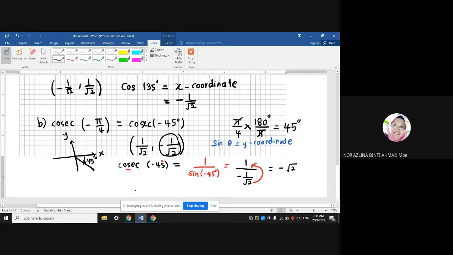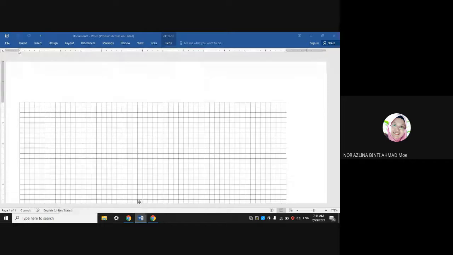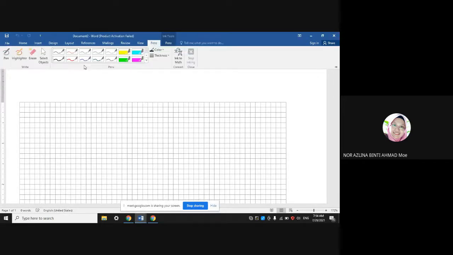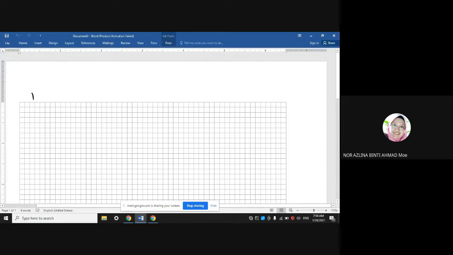Method 3. Use the corresponding trigonometric ratio of the reference angle.